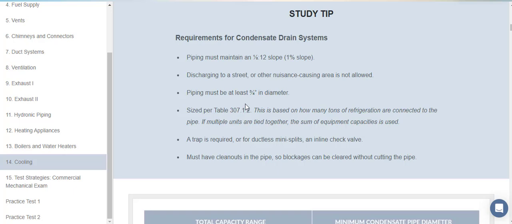Piping must be at least 3/4 inch in diameter, sized per Table 305.1.2. This is based on how many tons of refrigeration are connected to the pipe. If multiple units are tied together, the sum of equipment capacities is used.